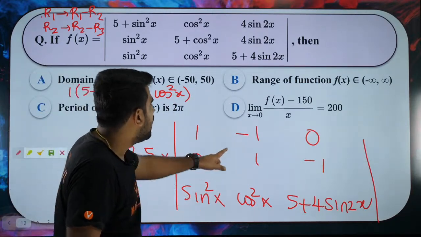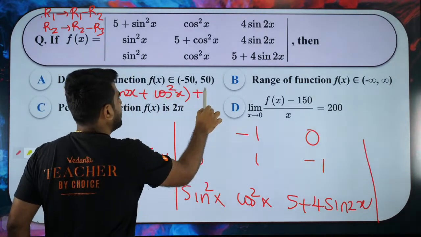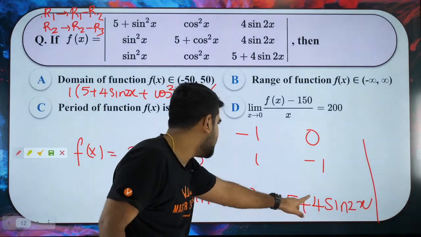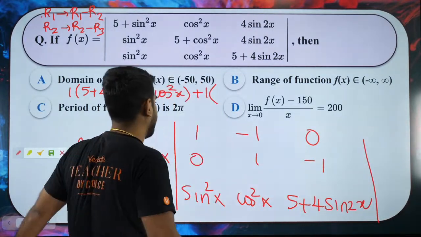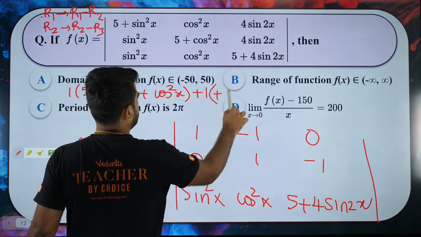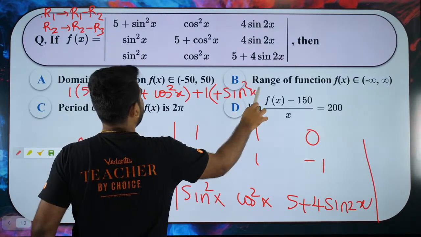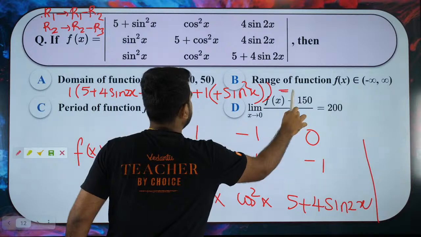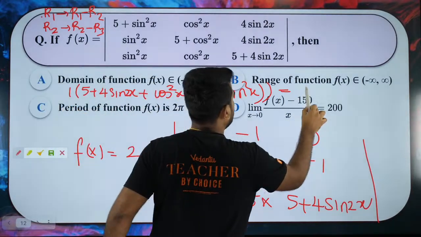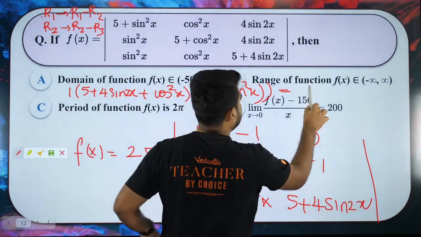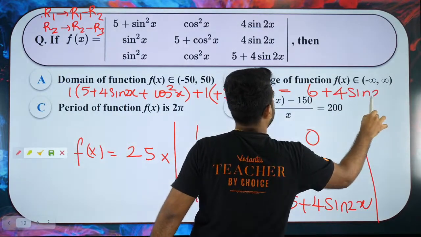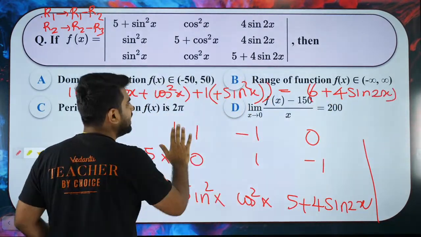Then you have minus of minus 1, which will be plus 1 times of, you will have 0 into this plus sin square x. So it will be plus sin square x. So cos square x plus sin square x is 1. So this will be equal to 5 plus 1 is 6, plus 4 sin 2x. Are you all clear?